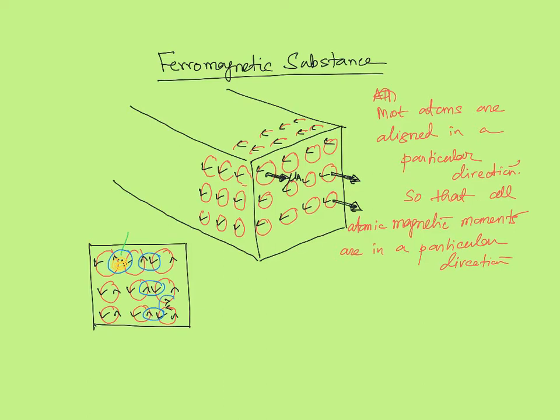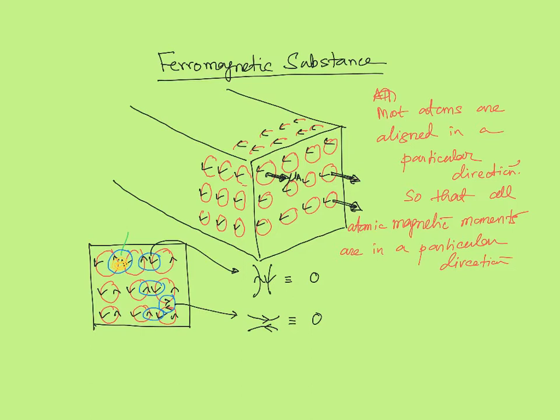So the currents actually cancel each other, because if you see in this region, one current goes up and one goes down, so that is equivalent to no current. And in this region also, one goes towards right and the lower one goes towards left, so this is also equivalent to zero current.